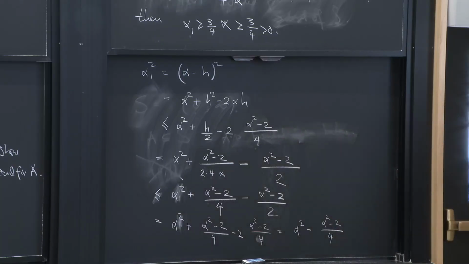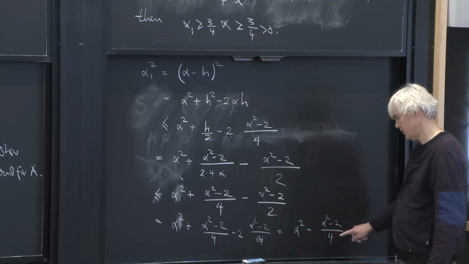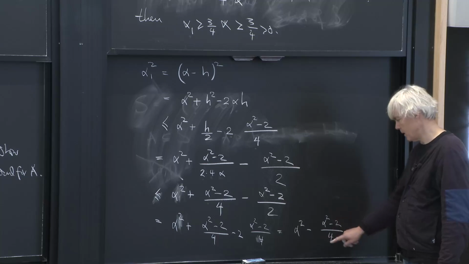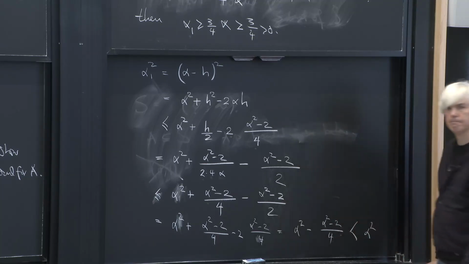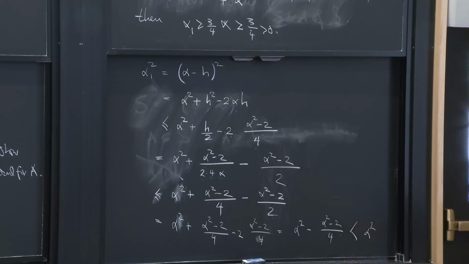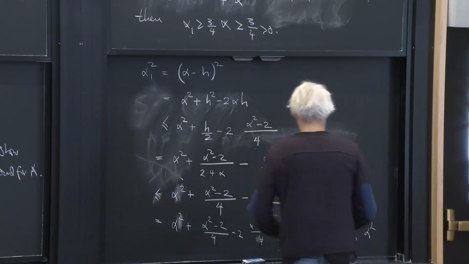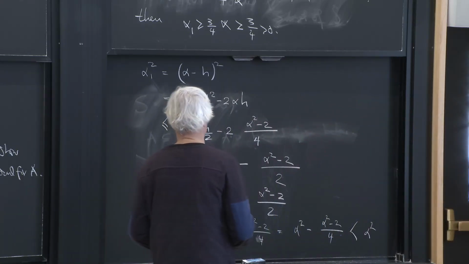Right? And this thing here is positive, because alpha squared was strictly bigger than 2. This is positive, so this is strictly less than alpha squared, right? And so this here would also be, which is still, right, this thing here is also an upper bound.